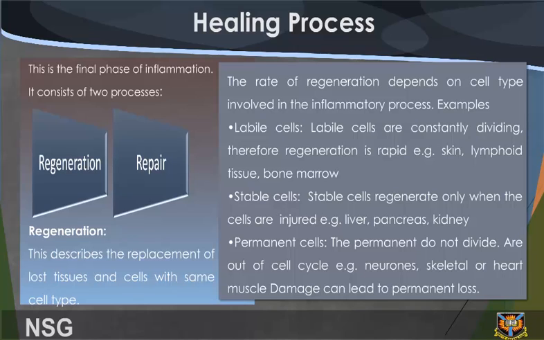Stable cells. Stable cells regenerate only when the cells are injured, e.g., liver, pancreas, kidney. Permanent cells. The permanent cells do not divide, e.g., neurons; skeletal or heart muscle damage can lead to permanent loss.